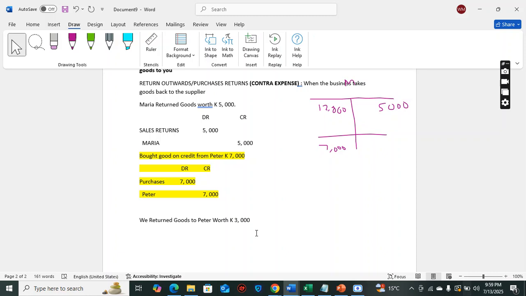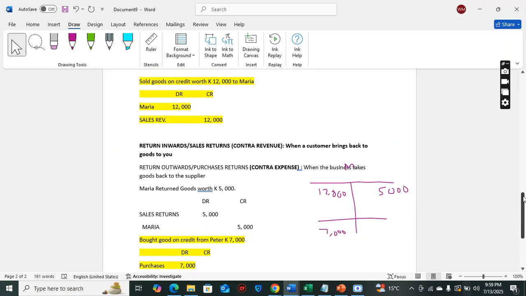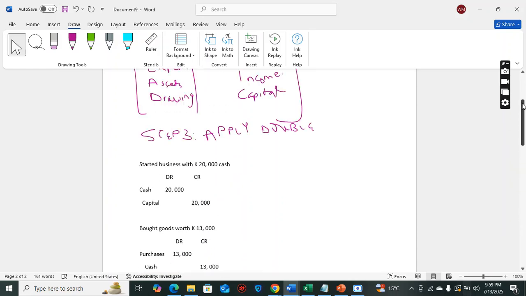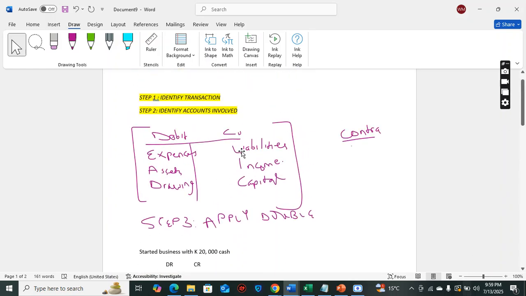Peter is a creditor, a liability. Since we've taken goods back, what we're owing him has also reduced. Liabilities, according to the double entry rules, increase with credit, so when a liability is reducing, you have to debit.